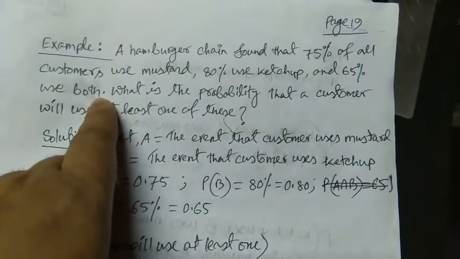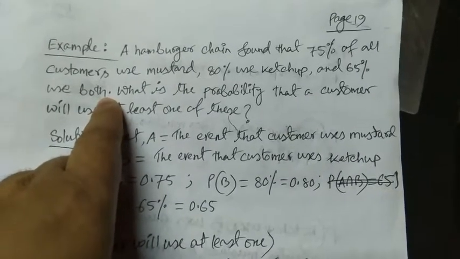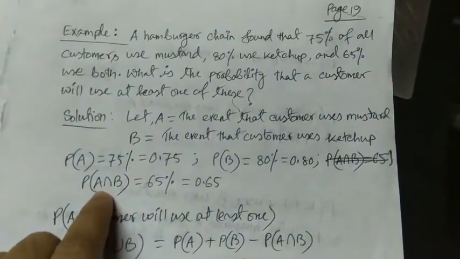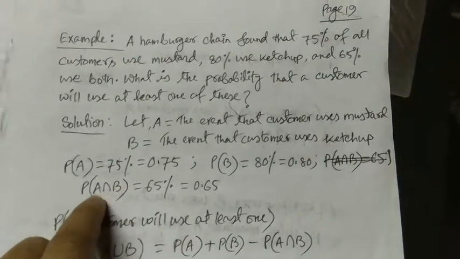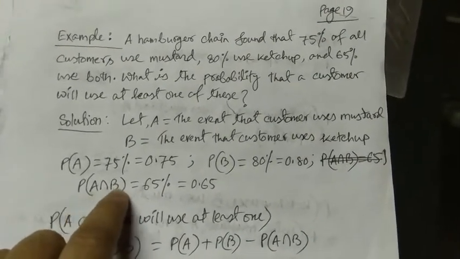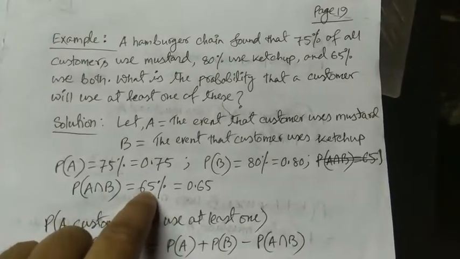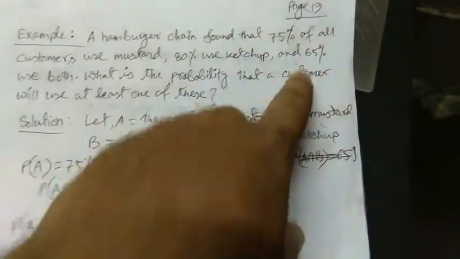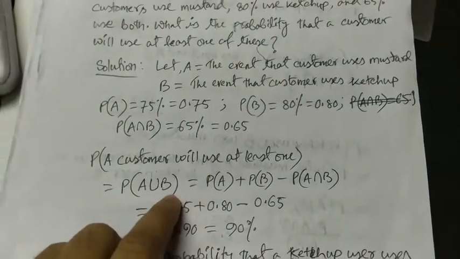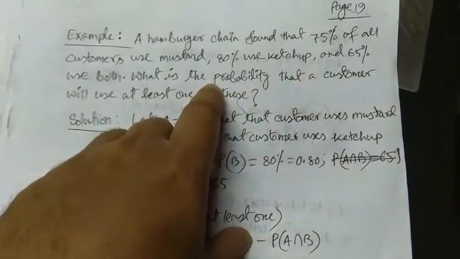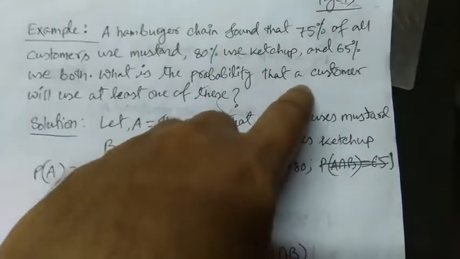As you know already, both means intersection. So probability of A intersection B is 65%, that means 0.65.